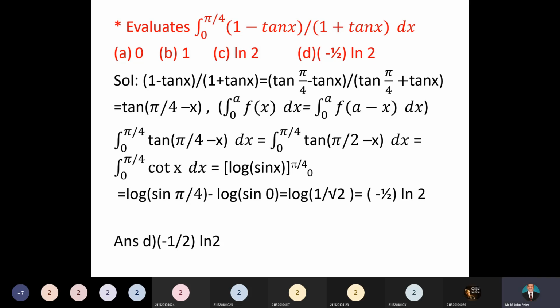See the block letter, second line, using that formula, they make it in that integration 0 to pi by 4 tan of pi by 4 minus x dx as tan of pi by 2 minus x. Tan of pi by 2 minus theta, using that we'll get cot x, integral cot x as log sin x, apply the limit 0 to pi by 4. Sin pi by 4 means 45 degree. So the 45 degree value is 1 by root 2, sin 0 is 0.